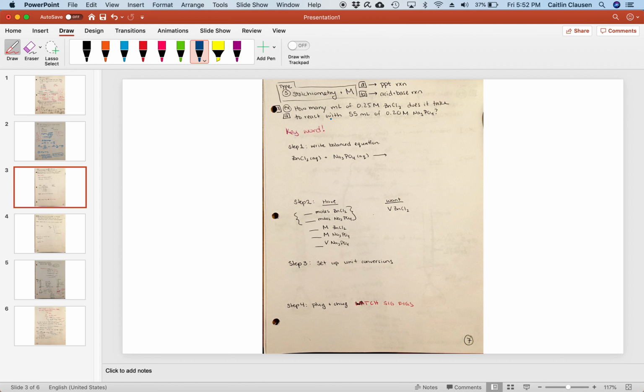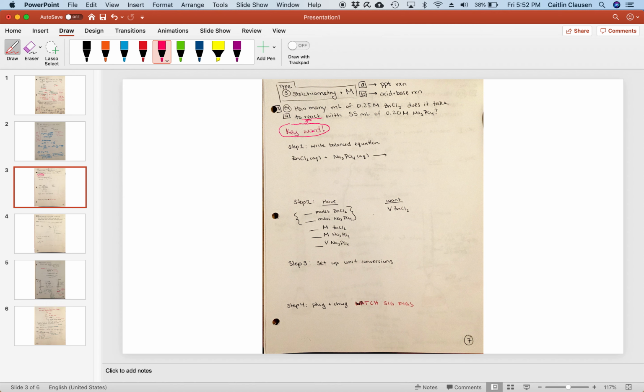How many milliliters of 0.25 molar zinc chloride does it take to react with 55 milliliters of 0.2 molar sodium phosphate? So again, just like in chapter 11 when we talked about the gas law, the key word for stoichiometry problems is react.